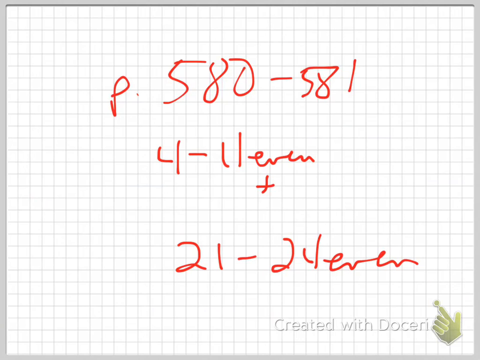Let me make sure that that's right. Oh, I have 4 through 16. Yeah, 4 through 16. 4 through 16, even, instead of 11.